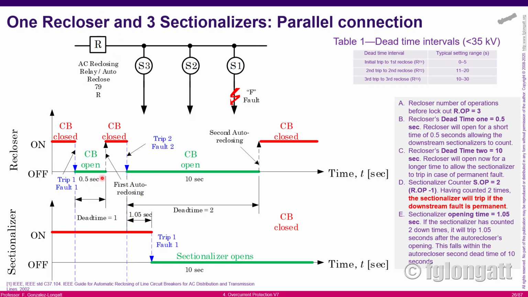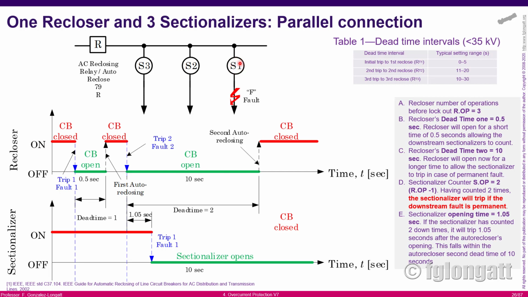Then the recloser will say, okay, let me try again and see if there is a fault. The circuit breaker closes, again the overcurrent mechanism here says there is a fault at F. As a consequence, the recloser will open for a second time, and because this is a slow reclose action, it will wait 10 seconds.